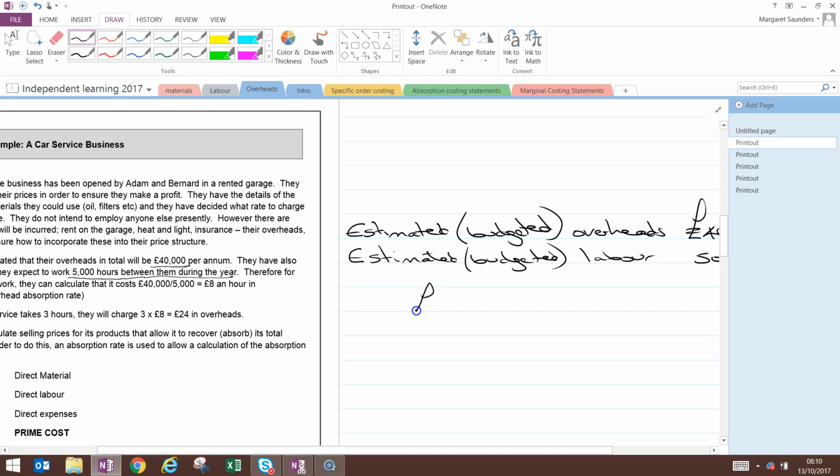If they are going to incur £40,000 of overheads and they're going to be working 5,000 hours, then we can work out that for every hour they work, it is costing them £8 an hour. So that's for every labour hour, it costs £8 in overheads.